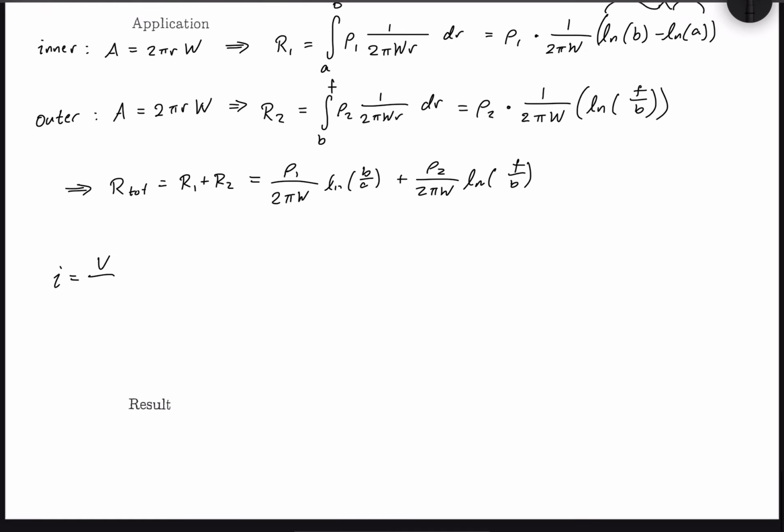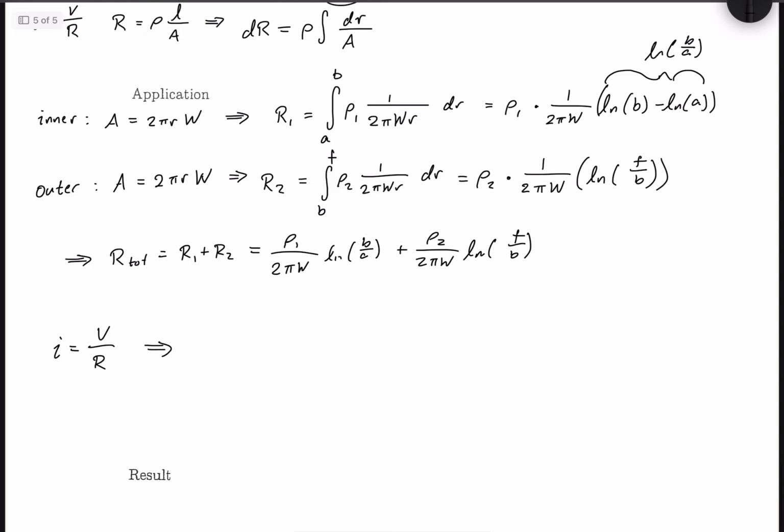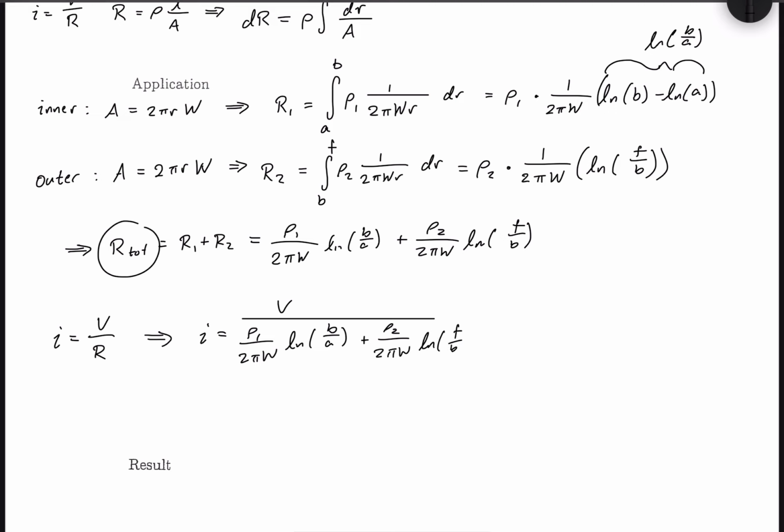Okay, so then literally all we have to do now is to find current. We need to use this equation. And what's nice is that we know what voltage is because we were told that there's a battery with voltage V. So we literally just do I equals voltage over this R total. So that's going to be V over rho 1 over 2 pi W ln B over A plus rho 2 over 2 pi W ln F over B. And then that is literally all we have to do.